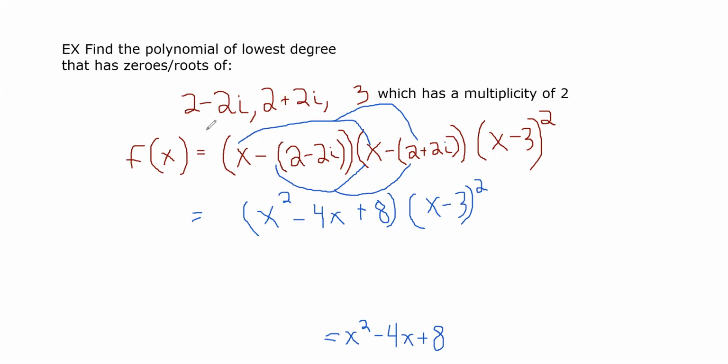The reason we actually got rid of the i's is because notice that 2 of our roots were just complex conjugates of each other. 2 minus 2i is just the conjugate of 2 plus 2i. Now, if I tried to throw in another root, or if I tried to make this, say, 5 minus 2i instead, and I didn't change anything else, that's going to be a problem because 5 minus 2i is not the conjugate of 2 plus 2i.